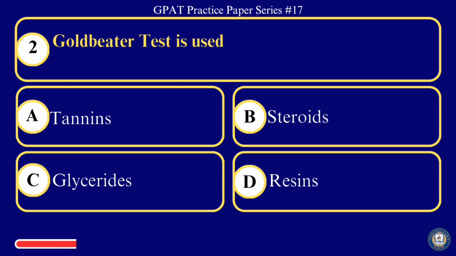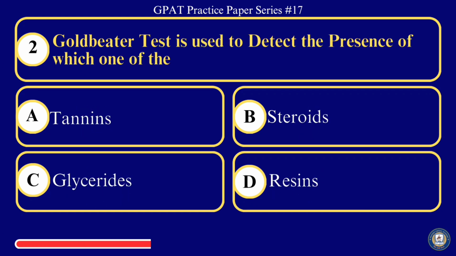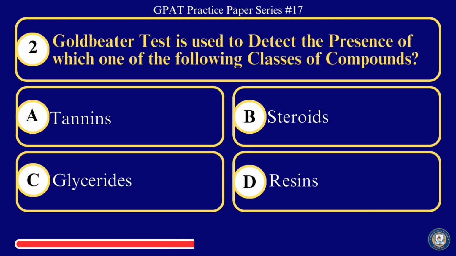Question number 2. Gold beater test is used to detect the presence of which one of following classes of compounds? Your options are A. Tannins, B. Steroids, C. Glycerides, and D. Resins.